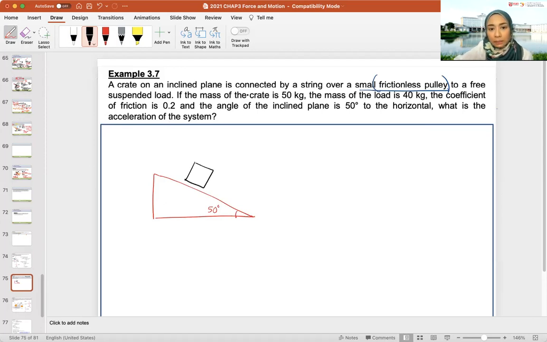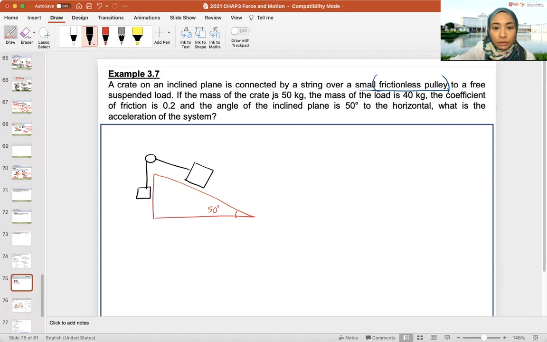Okay, a crate on an inclined plane is connected by a string over a small frictionless pulley. So apakah yang kena ingat kalau frictionless ataupun smooth pulley? What do you need to remember? To a free suspended load. So the suspended load is here. So what does suspended load mean? It means the gantung.